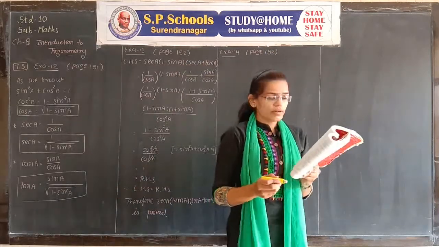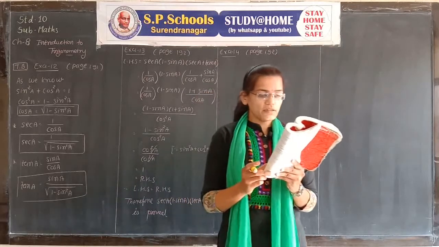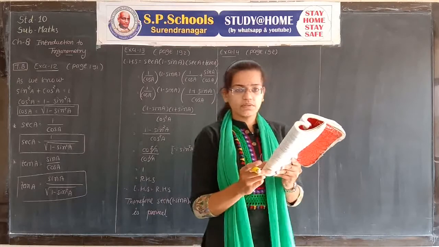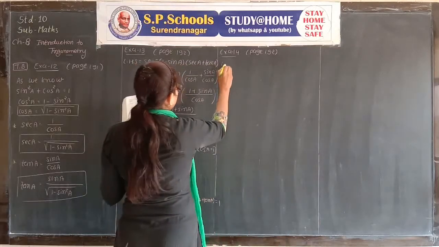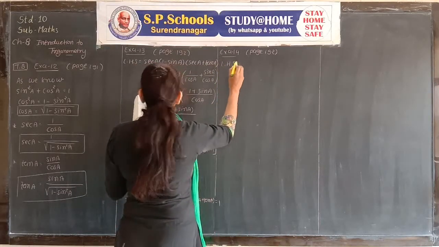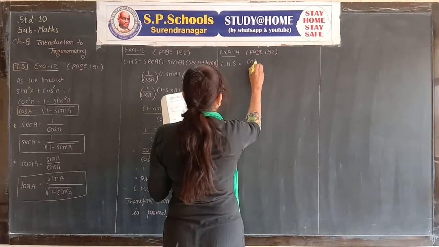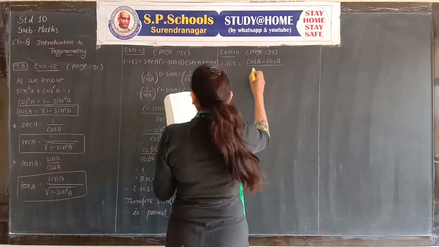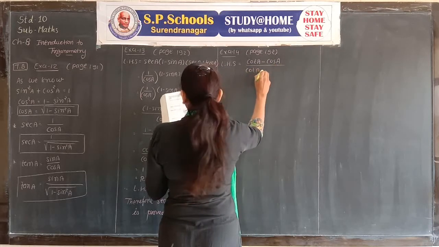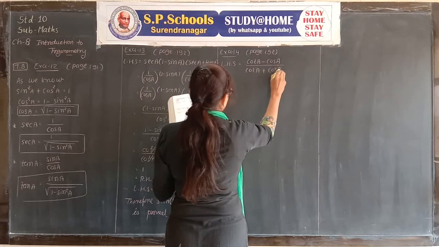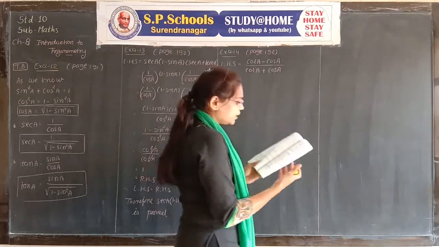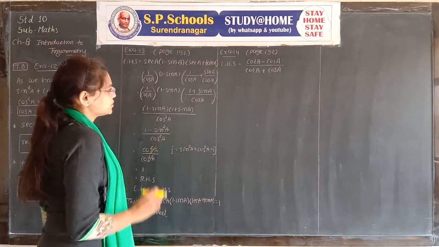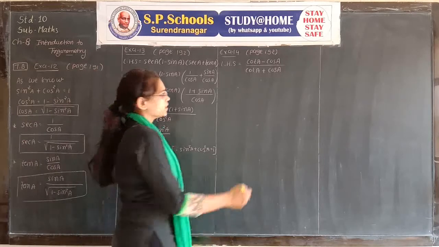Prove that cot A minus cos A upon cot A plus cos A is equal to cosec A minus 1 upon cosec A plus 1. First of all, write the left hand side. LHS is equal to cot A minus cos A upon cot A plus cos A. We need only cosec A minus 1 upon cosec A plus 1, so we convert this trigonometry ratio in form of sine and cos.